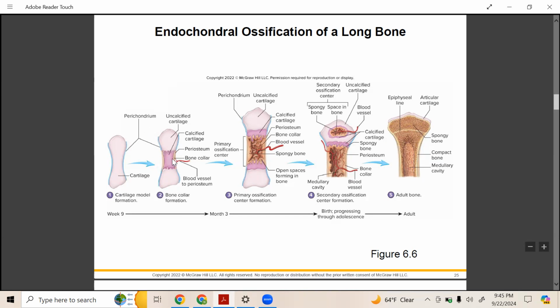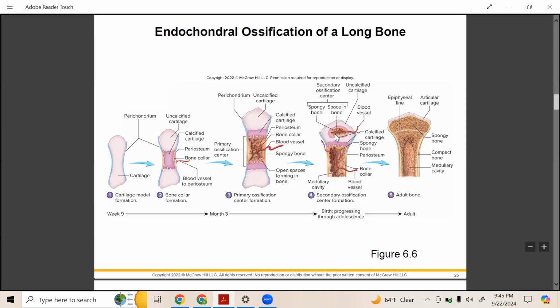Our perichondrium begins to convert to a periosteum, and we begin to get blood vessel or vascular access to our periosteum, so it's going to start getting nutrients. Further along, that cartilage piece is going to start what's known as a primary ossification center. So we're going to start to lay down spongy bone to replace some of this cartilage.